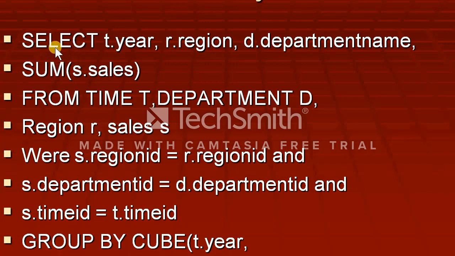What we want to get: from time we want the year column, from region we want the region column, and from department we want the department name, and we also want the sum of sales from the sales fact table.